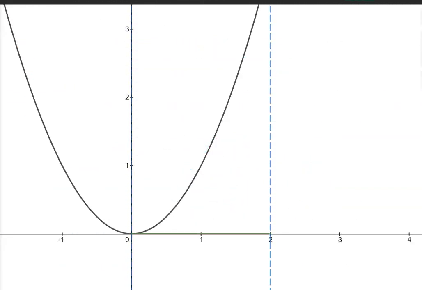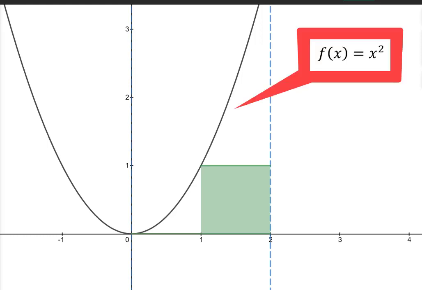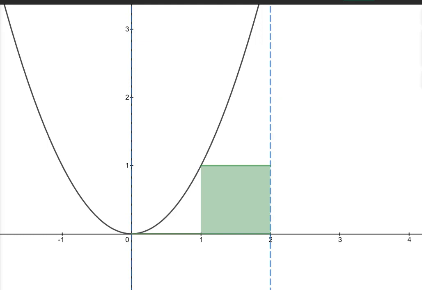So let's say we have two pieces there, and this is just your normal quadratic. I mean, this will work on any function. So let's say, just for the sake of argument, we want to find the area underneath the curve f of x equal to x squared, from 0 to 2.